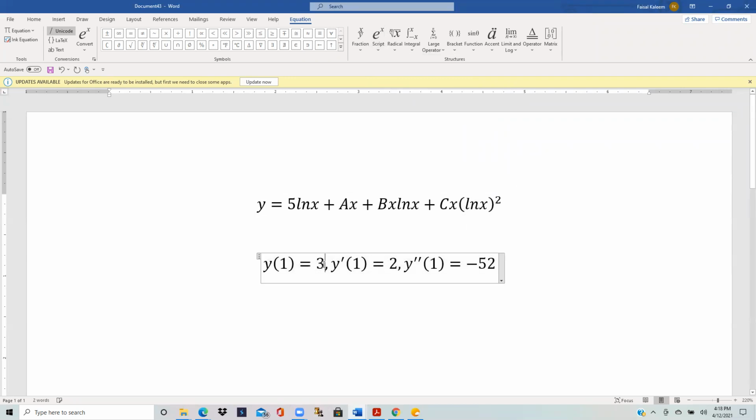And y of 1 was 1, y prime of 1 was 5, and y double prime of 1 was 0.